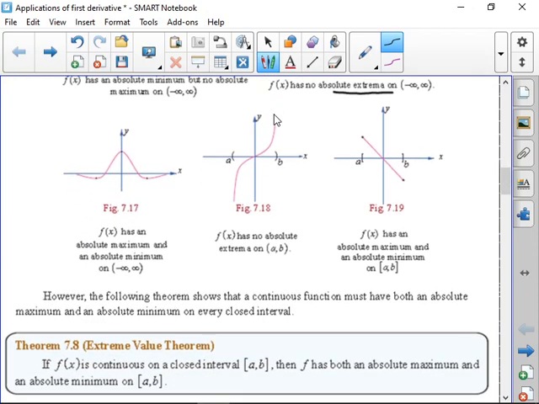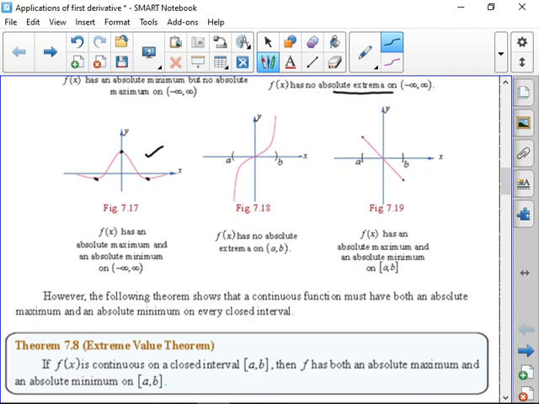The third one, see the third one. This curve is a continuous curve and it has absolute maxima and absolute minima. These two are the absolute minima and this is the absolute maxima. So in the interval it has them.